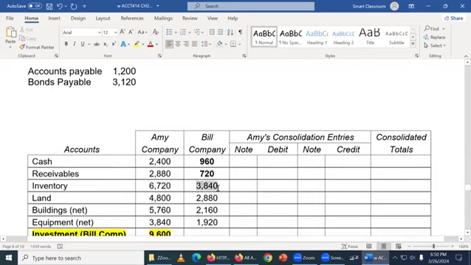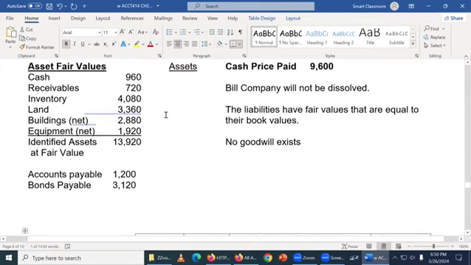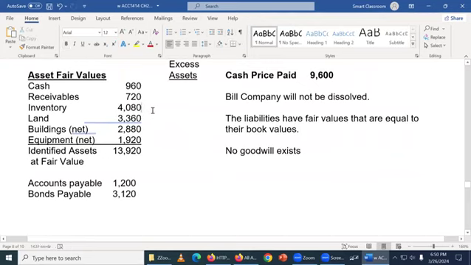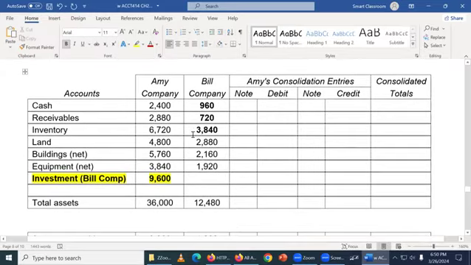The book value of it is 3,840. Copy that. 240. Land 3,360.